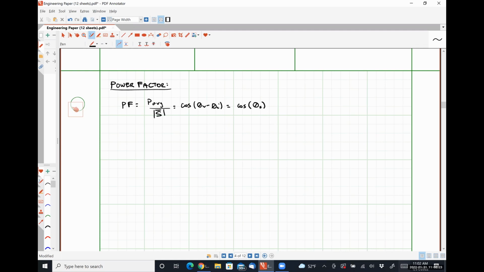And a power factor of -1 means that a load is supplying 100% of the apparent power. So it's actually probably a source or something like that in your system. Power factors of 1 and -1 are not considered to be leading or lagging because they're operating at 100% efficiency.